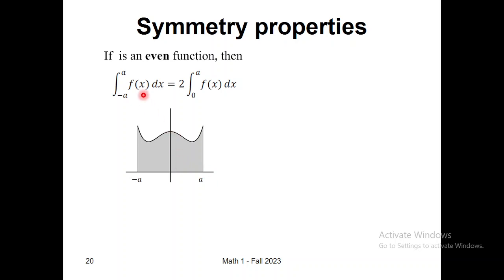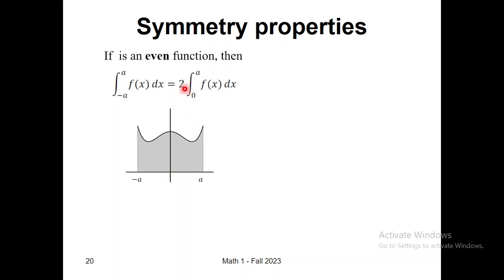You integrate some even function from negative a up to a. This represents this area. Based on the symmetry of the function, the area to the left of the y-axis equals the area to the right of the y-axis. So you can consider only this area and multiply by 2. So the integration from negative a up to a is given by the integration from 0 up to a multiplied by 2.